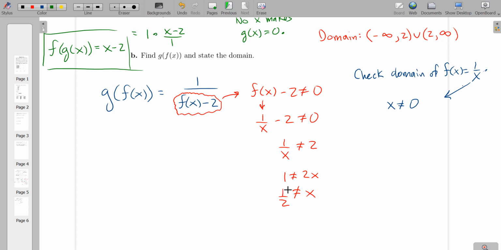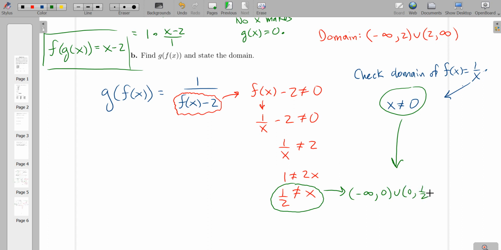So we can put those together into a single domain where we let x be whatever it wants to be so long as it's not 0 and so long as it is not 1/2. Just pluck 0 and pluck 1/2 right out of there.